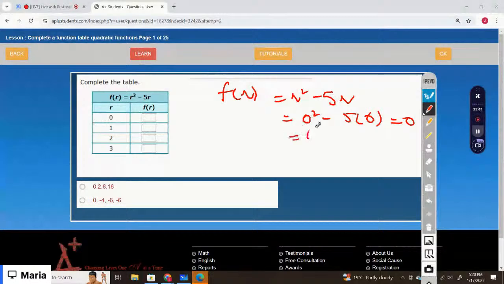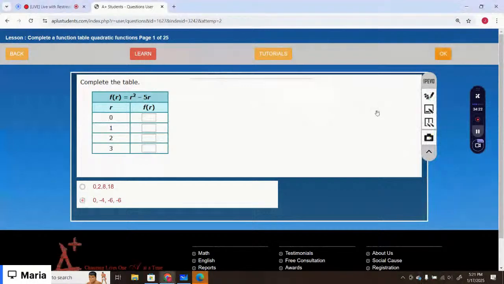Then r equals 1: 1 minus 5 is negative 4. Then 2 square minus 5 times 2: 4 minus 10 is negative 6. That is 0, negative 4, negative 6. Option number 2 is the correct option.